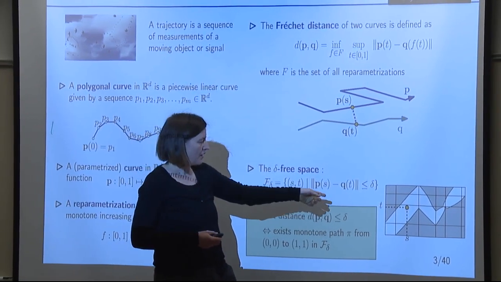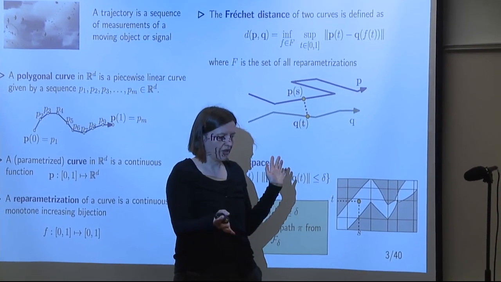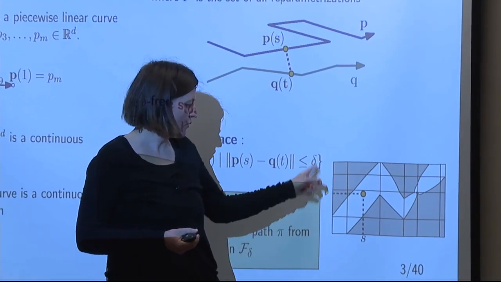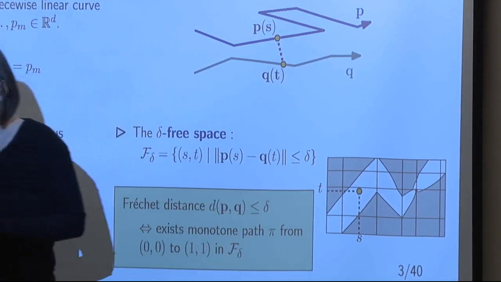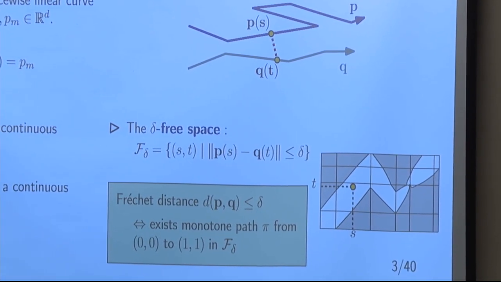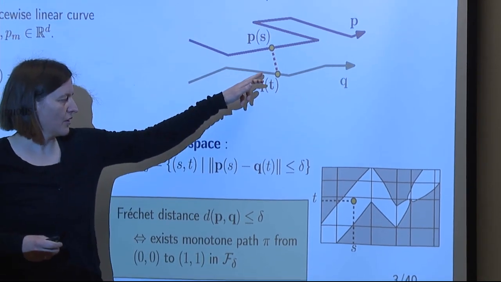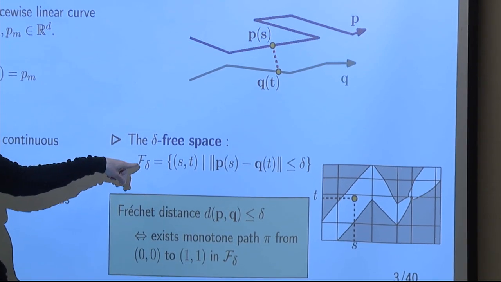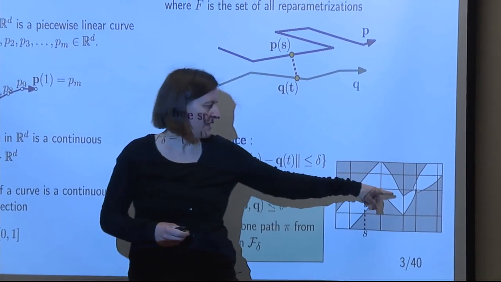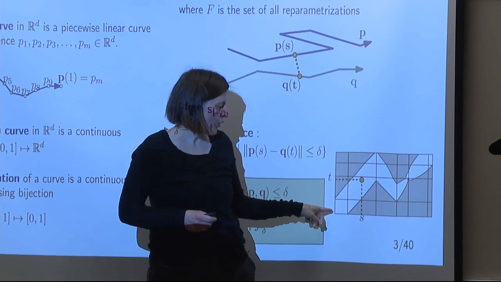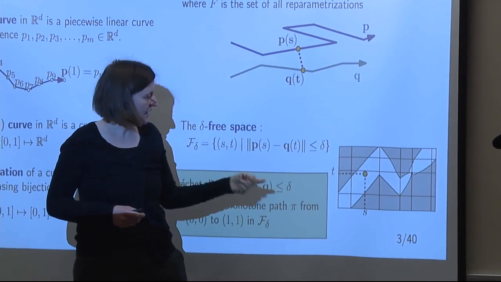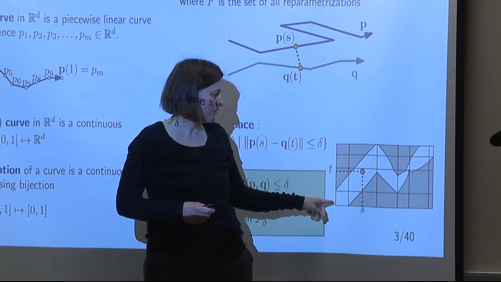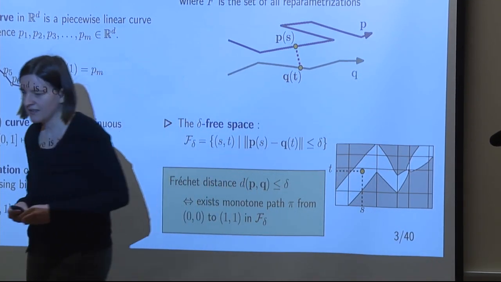look at the Cartesian product of the two parametrizations. So you look at basically the unit square. Any point in this parameterization space corresponds to one point on one curve and one point on the other curve. If you want to know if the Fréchet distance is smaller or equal to delta, then you want to be inside this free space of points that lie within distance delta, and you are interested in finding a monotone path from (0, 0) to (1, 1) that stays inside this free space.